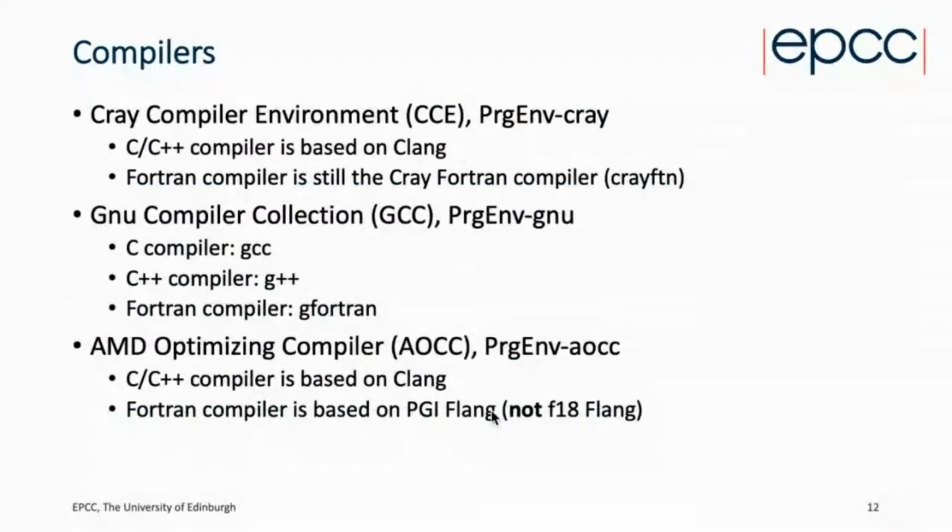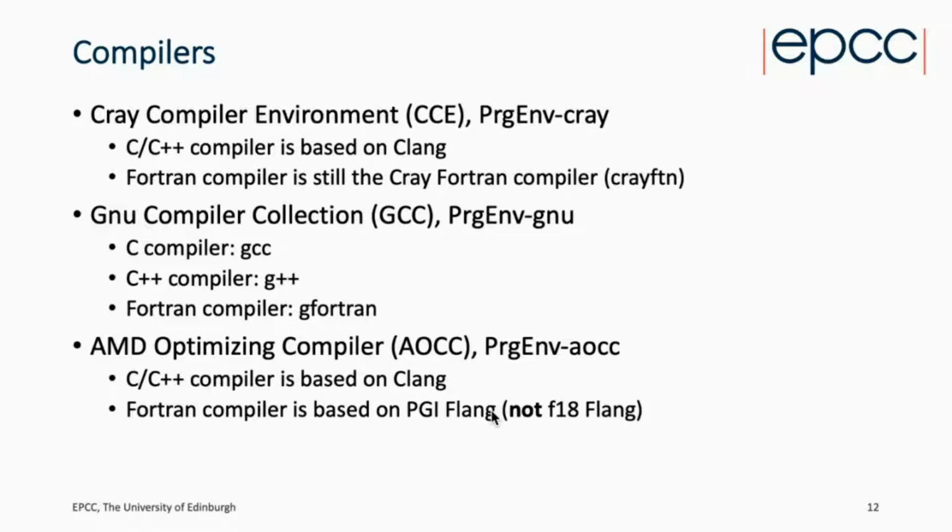I want to say a little bit more about the compilers because there is a change for the Cray compiler environment, for people who've used that, the PrgEnv-cray. The change there is that the C++ compiler in the Cray environment is moving from the Cray proprietary compiler to a Clang based implementation, which should mean that for people who want to use C++, it's much easier to use that Cray programming environment.